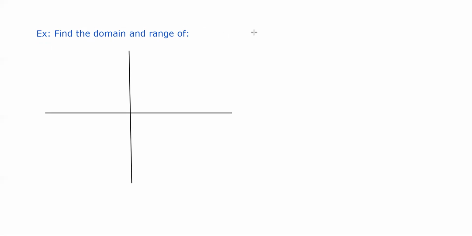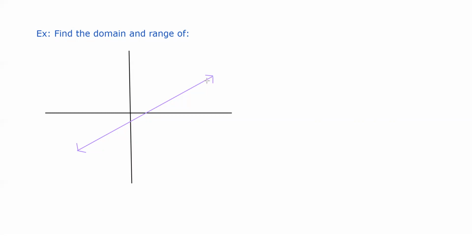So let's say you have a function. Let's use a nice purple. And now let's say you're graphing a linear function, which is a fancy way of saying a line.